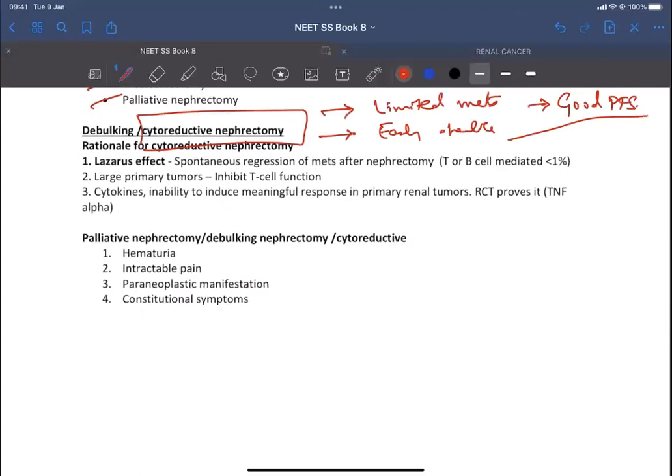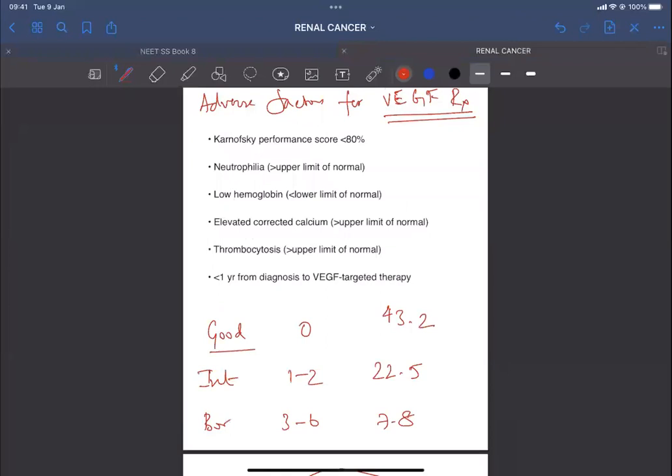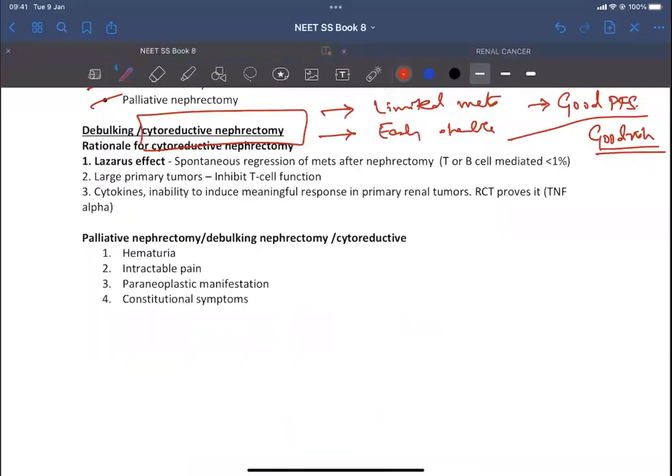So in general, good risk patients who fall into the good risk category, and at a stretch maybe intermediate with just one risk factor, yes, you would consider doing a cytoreductive nephrectomy, and these patients may have a survival benefit if you do a cytoreductive nephrectomy.